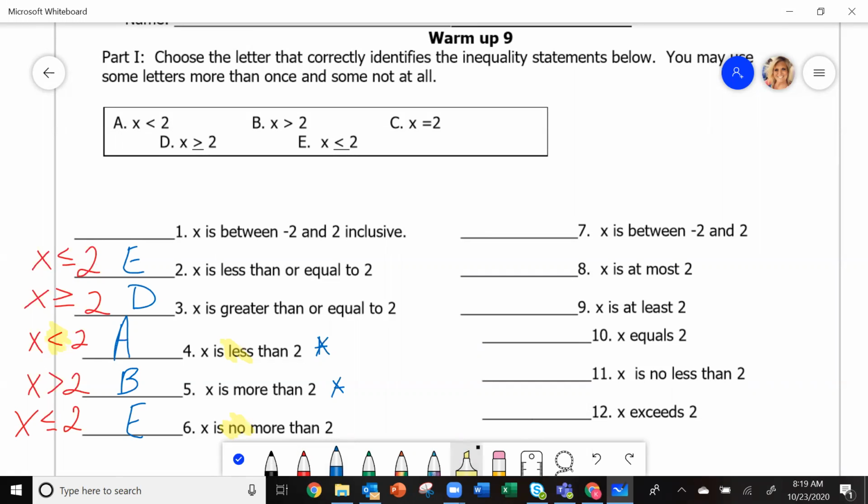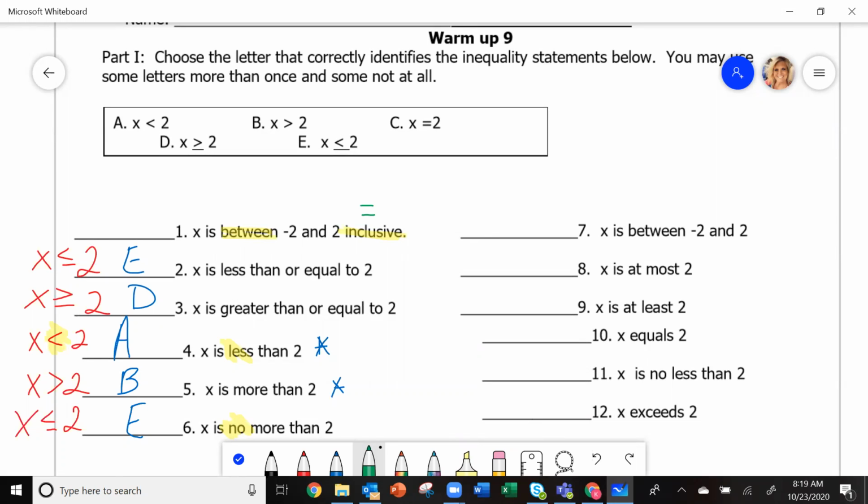Now let's go ahead and look at number 1. It says X is between -2 and 2 inclusive. Inclusive means equal to, okay? Somehow in this, one of the answer statements got missed on the form.